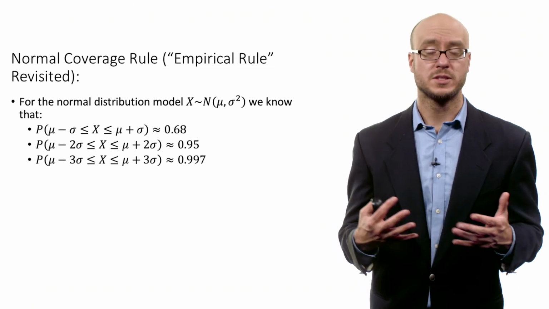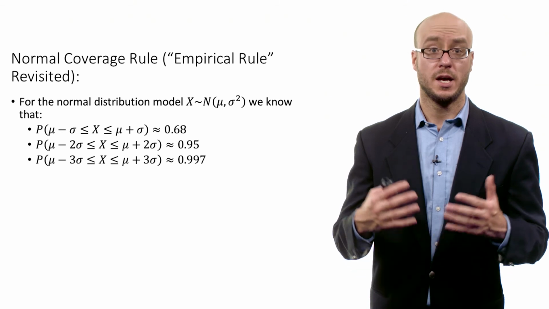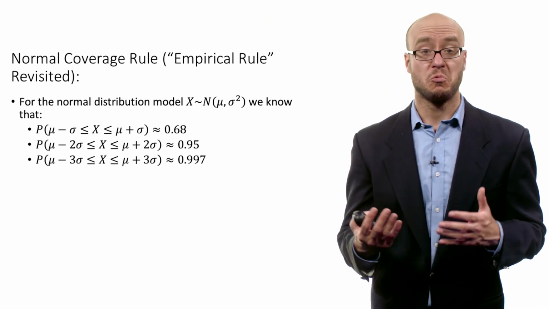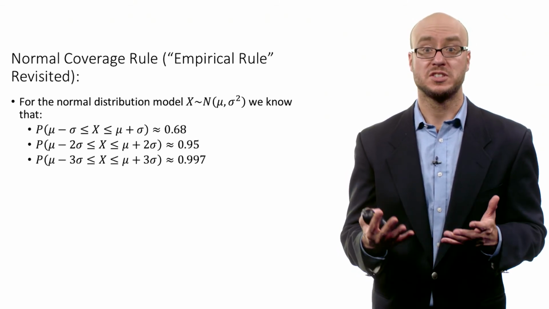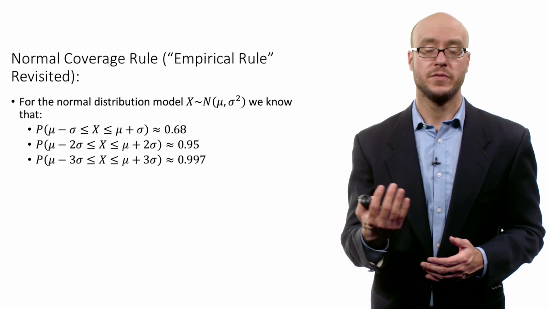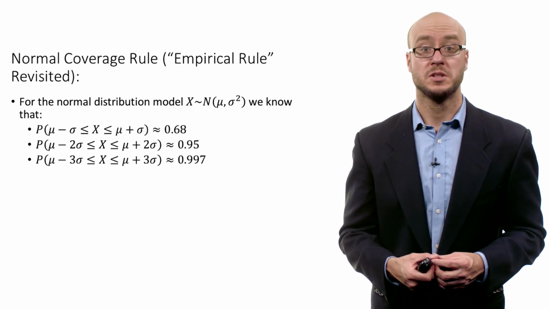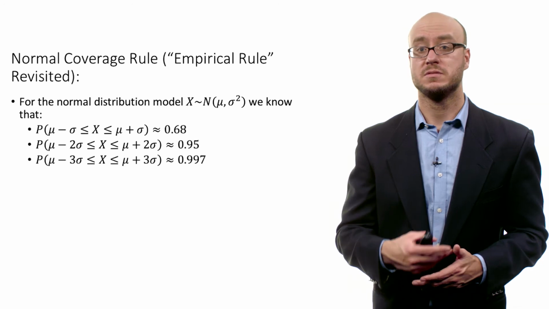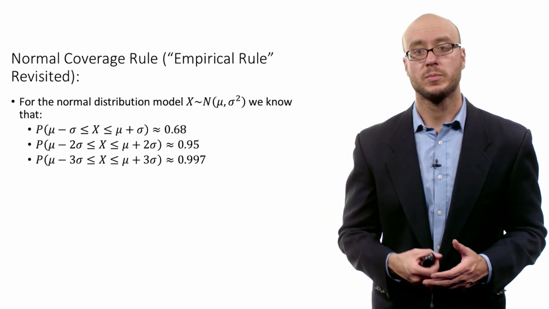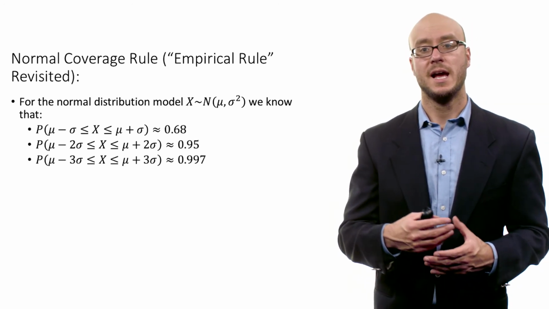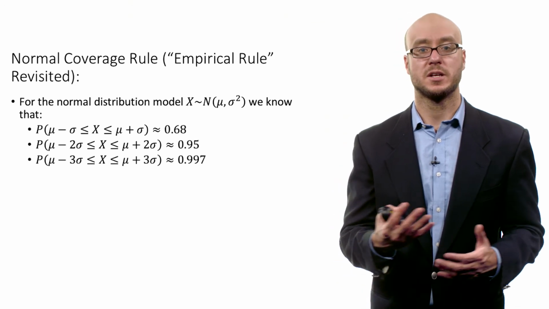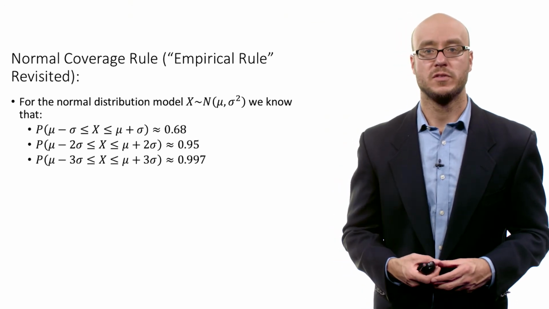So if we know something about the normal distribution model, we know that roughly 68% of the values are going to be between plus or minus 1 standard deviation, 95% are going to be within plus or minus 2 standard deviations of the mean, and 99.7% of those values are going to be within 3 standard deviations of the mean.